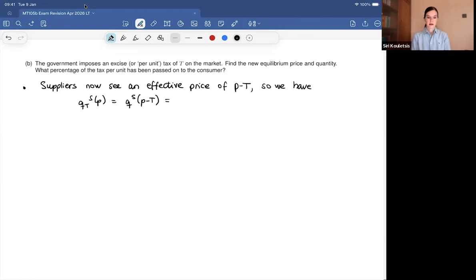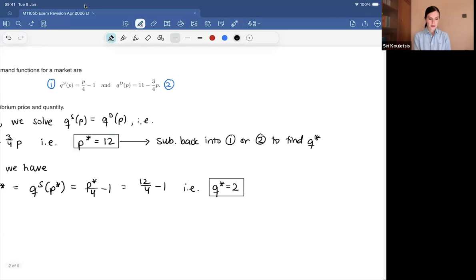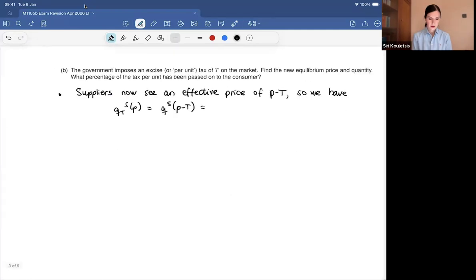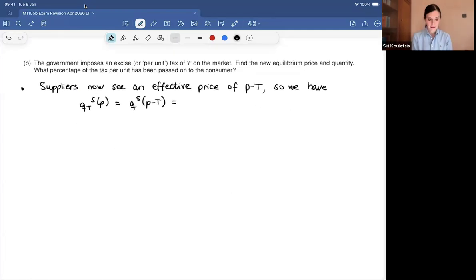And remember that our supply equation was Q equals P over 4 minus 1. And so now we get (P minus T) over 4 minus 1.